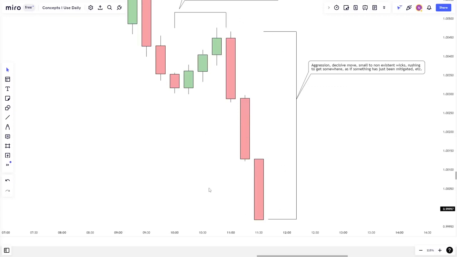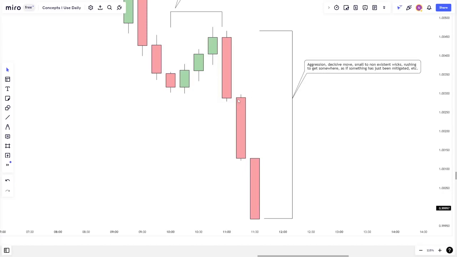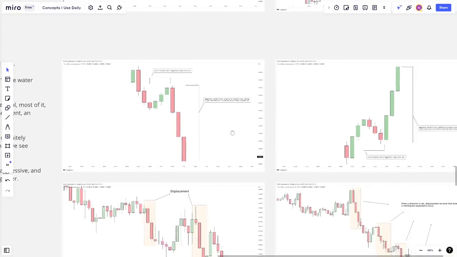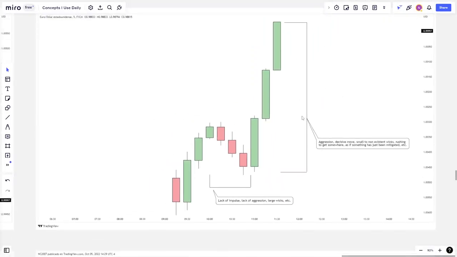It's clearly quite decisive on going lower, with very tiny or non-existent wicks, kind of rushing to get somewhere, right? As an example, as if something has just been mitigated. And the exact same example, bullishly. Now this is displacement, right? When you see a couple of candles, or maybe just 1 or 2 candles, they're just going aggressively from one point to the other without really retracing or slowing down, without leaving that many wicks, just going aggressively higher.